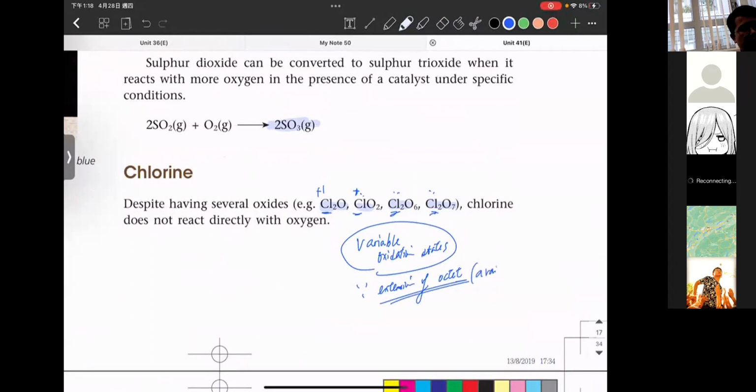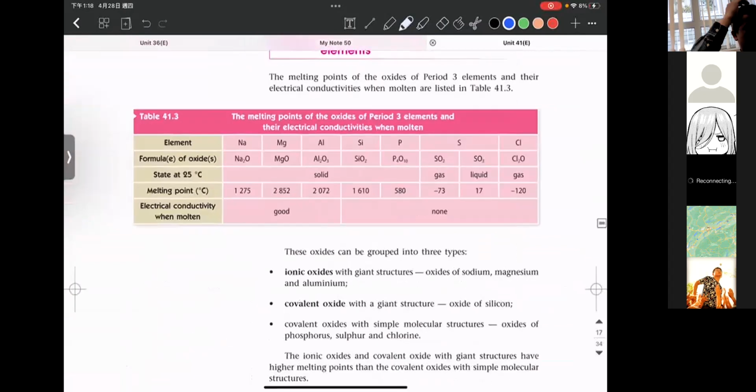They've got an available shell for accommodating more electrons to form a bond. Okay? Questions?